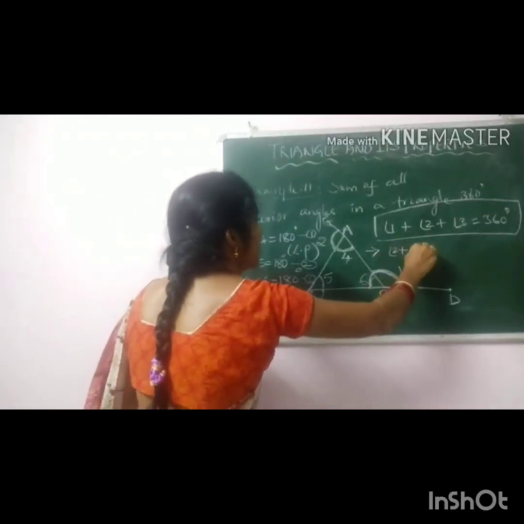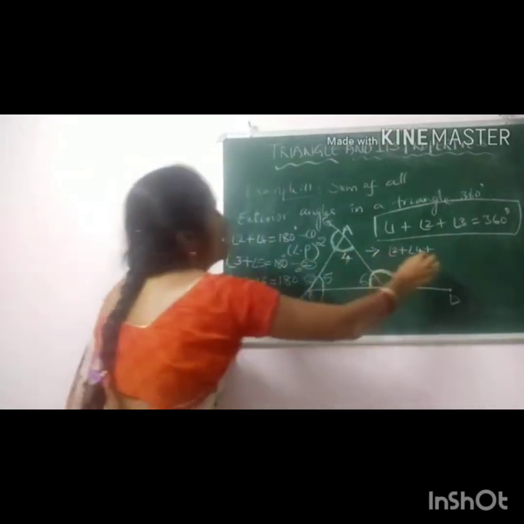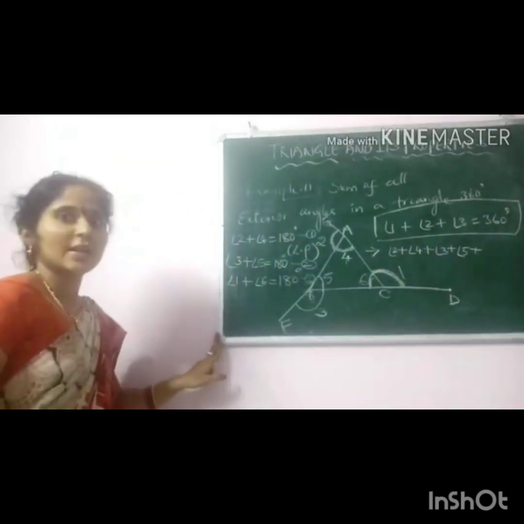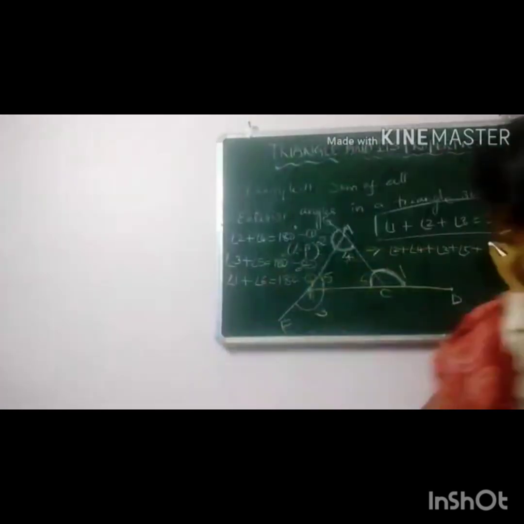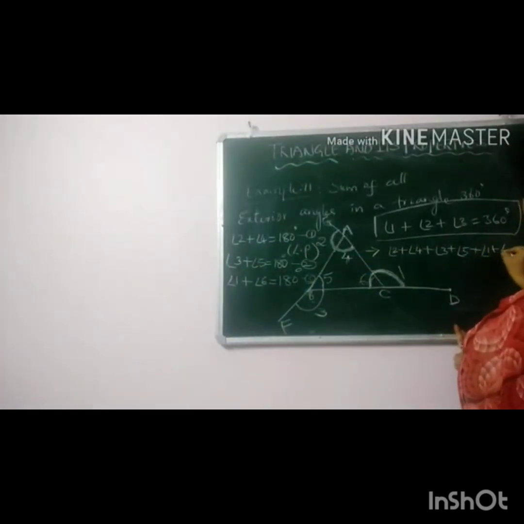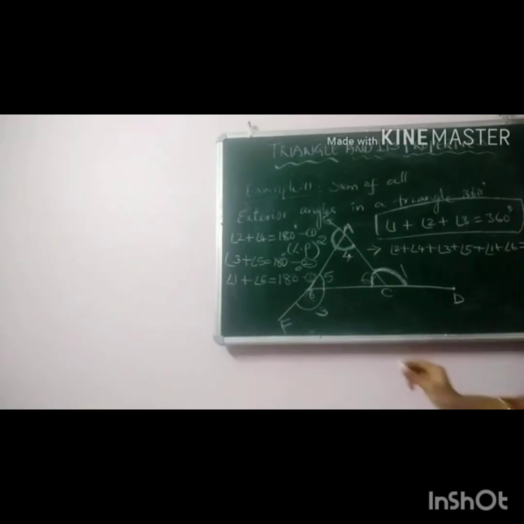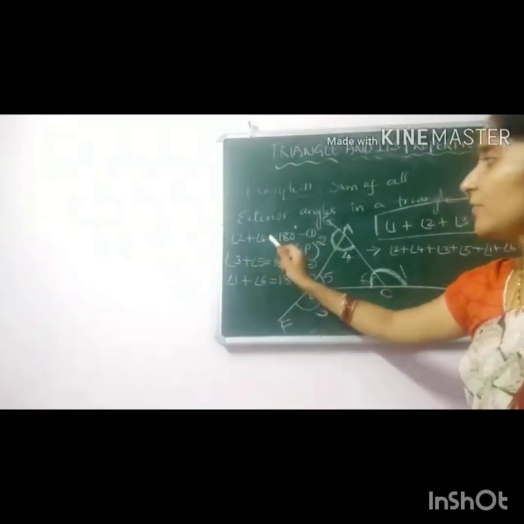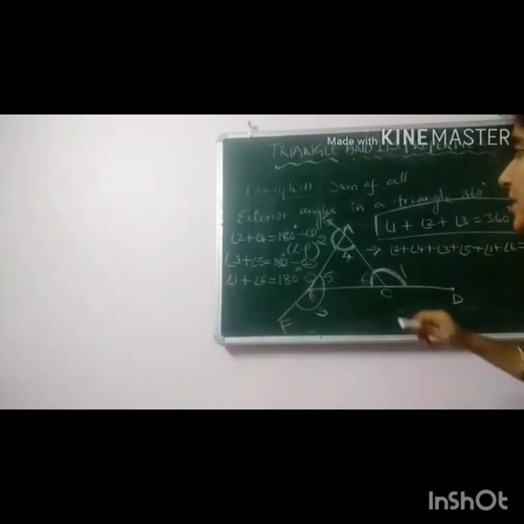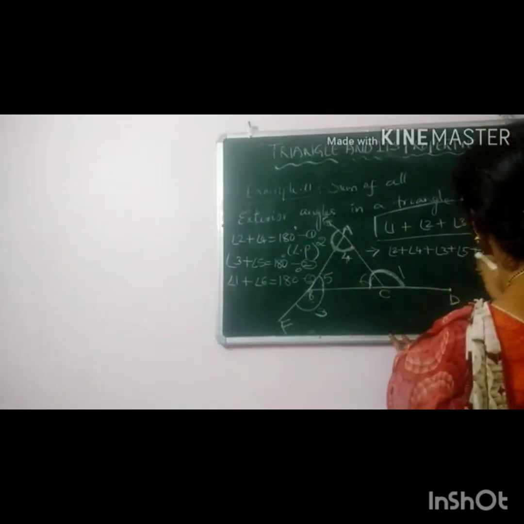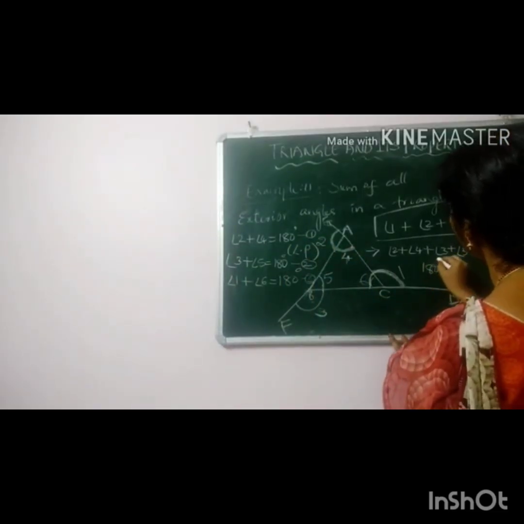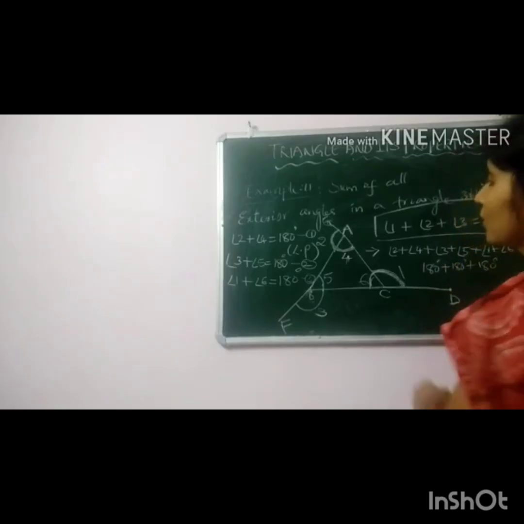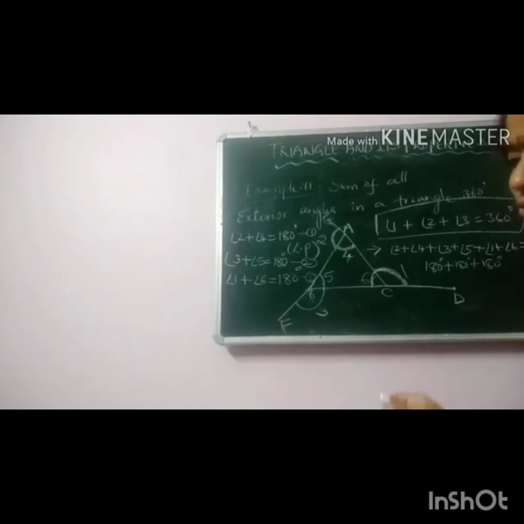Angle 2 plus angle 4 plus angle 3 plus angle 5 plus angle 1 plus angle 6 is equal to, on the left hand side, angle 2 plus angle 4, angle 3 plus angle 5, angle 1 plus angle 6. Right hand side, what is there? 180 degrees plus 180 degrees plus 180 degrees. Now, how much total?